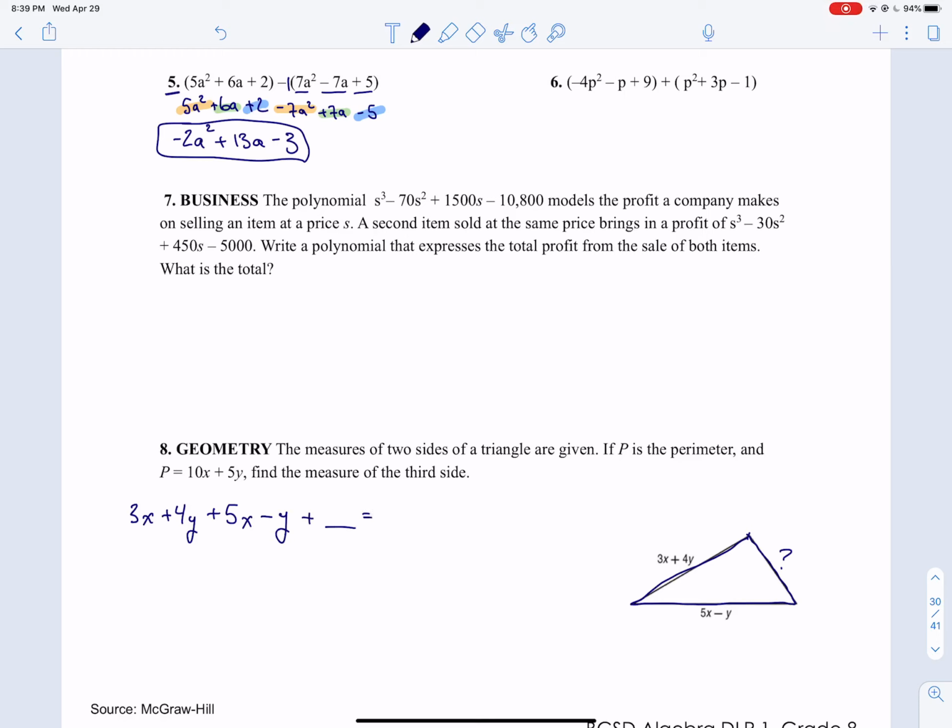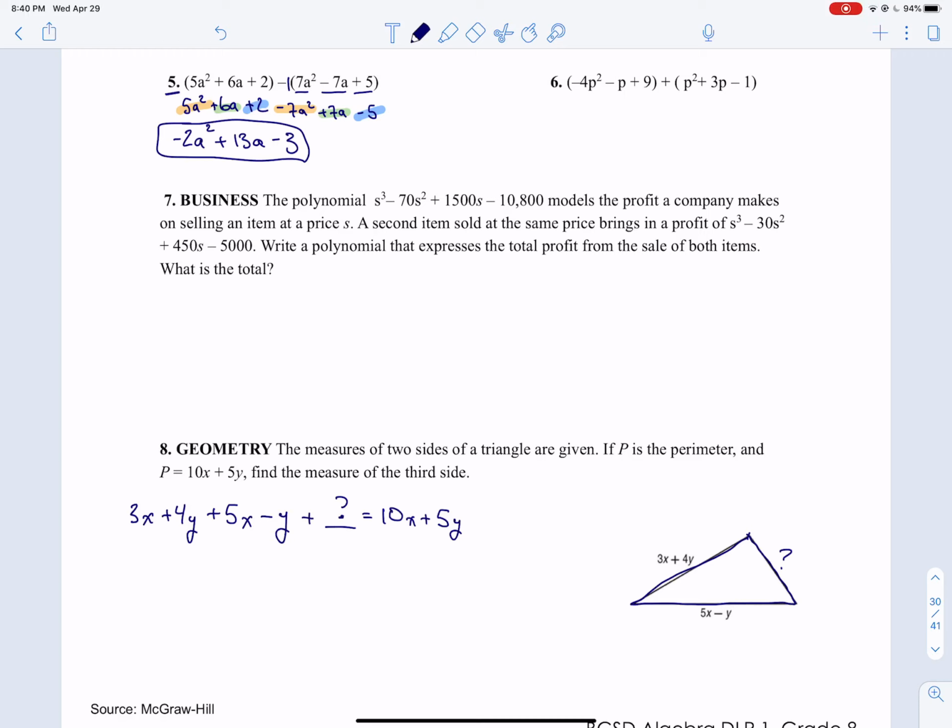Okay, so that would equal, and the perimeter they give us is 10x plus 5y. So I don't want to put another variable, okay? So what I'm going to do is isolate that question mark. So that's what we're trying to find.